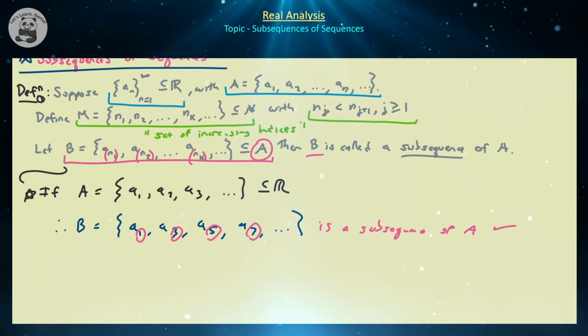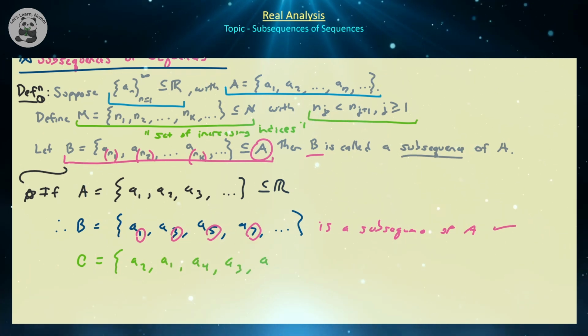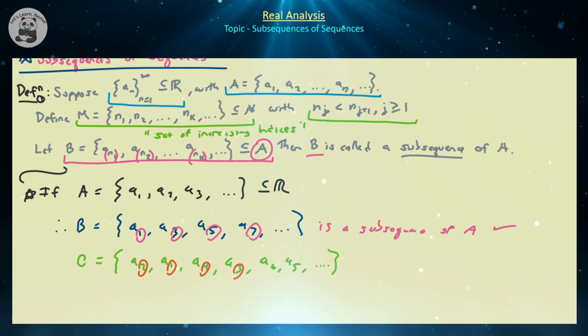So that matches. What would be an example of a subset of A that is not a subsequence of A? For example, we could do A2, A1, A4, A3, A6, A5, and so on. If we don't really consider the order of the set, A and C appear to be the same set, but the order in which they're presented is not in increasing order with respect to their indices, because we know 2 is greater than 1, 4 is greater than 3, and so on.